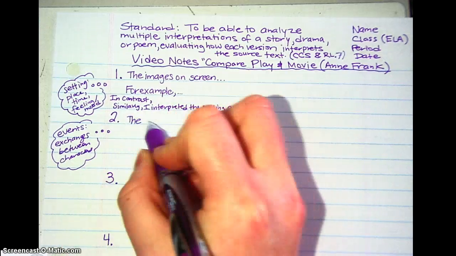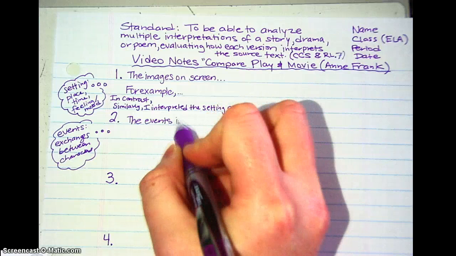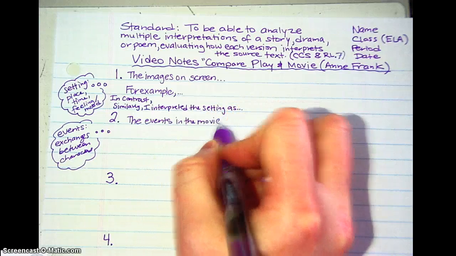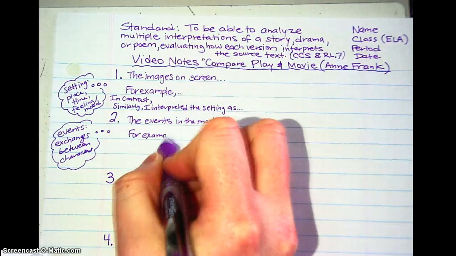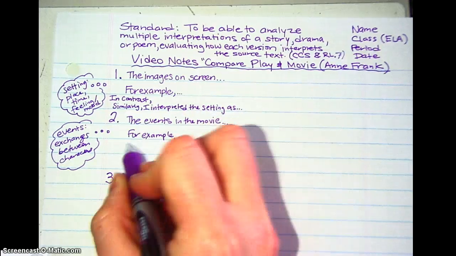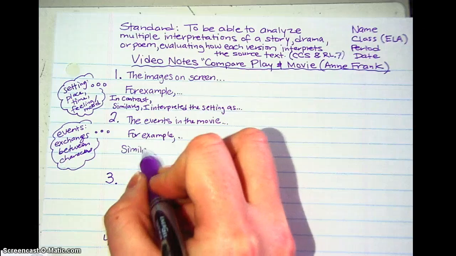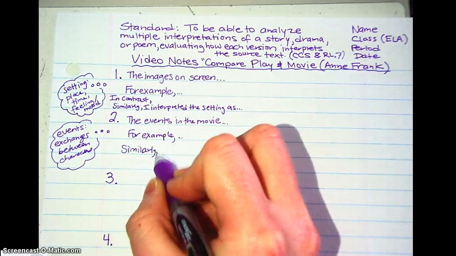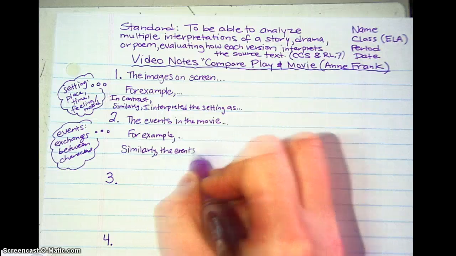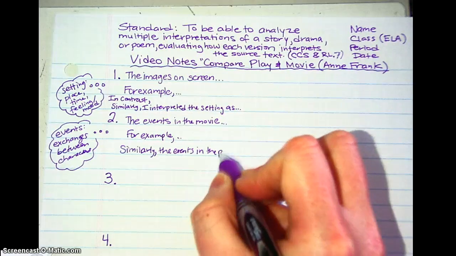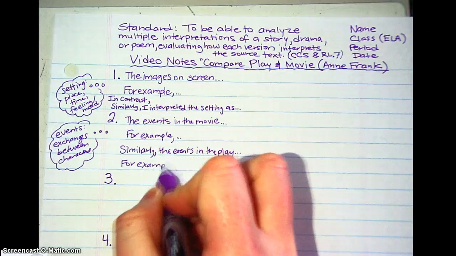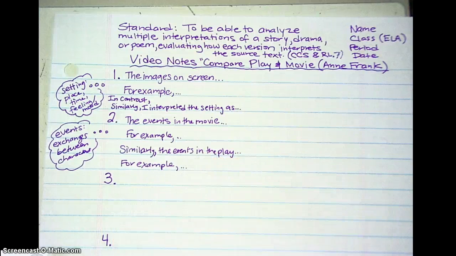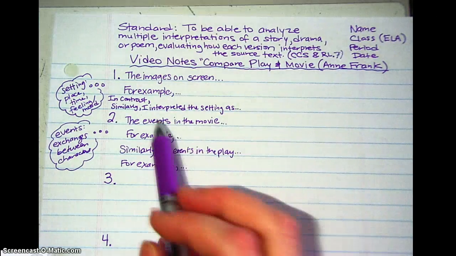So the events in the movie, for example, similarly, remember you're comparing the events in the play are like what, for example. Again, if you don't want to use these sentence frames, you don't have to, but it helps you understand that these are all the things that I'm looking for, how you explain.